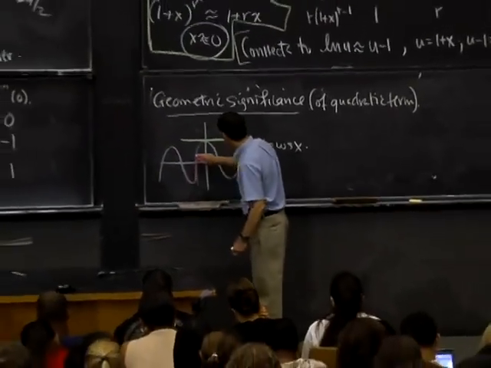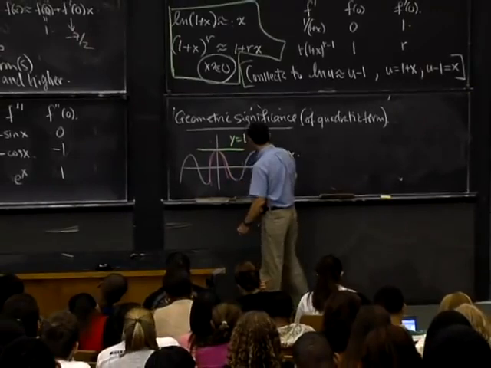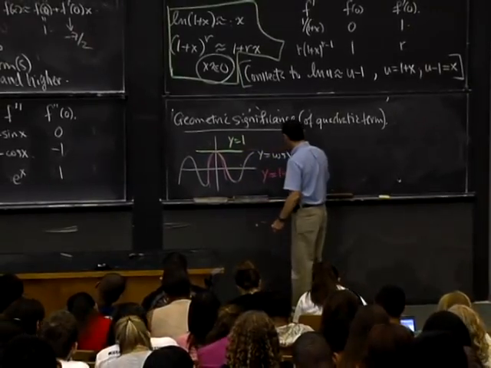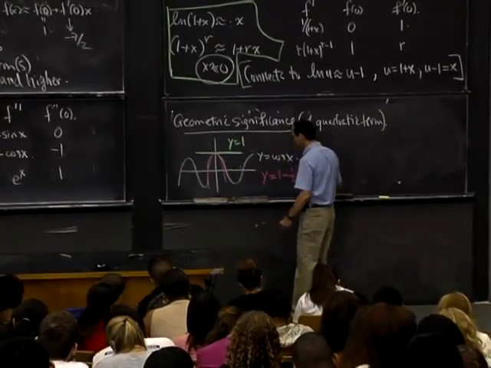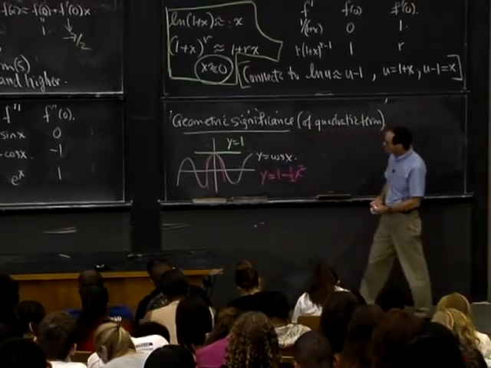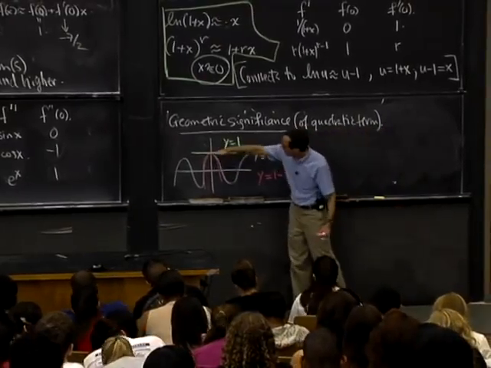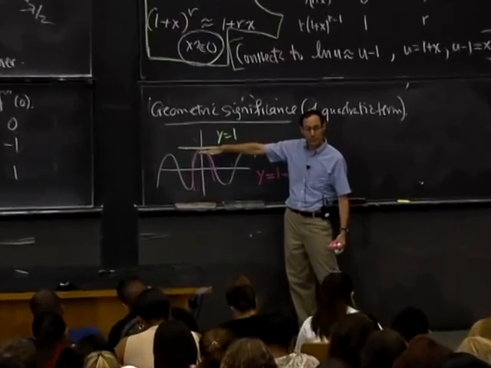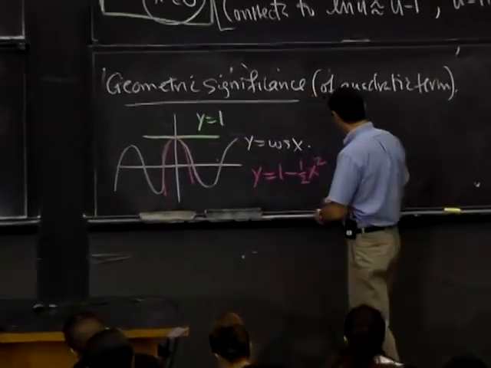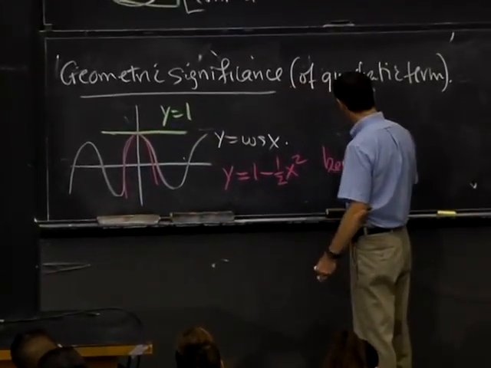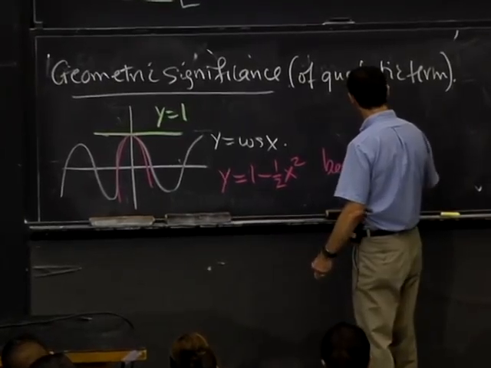It's some kind of parabola underneath here. So this is y equals 1 minus a half x squared, which is a much better fit to the curve than the horizontal line. All right? And this is, if you like, the best fit parabola.